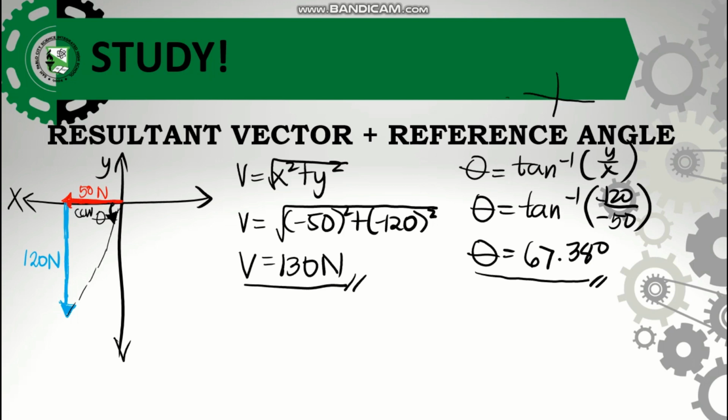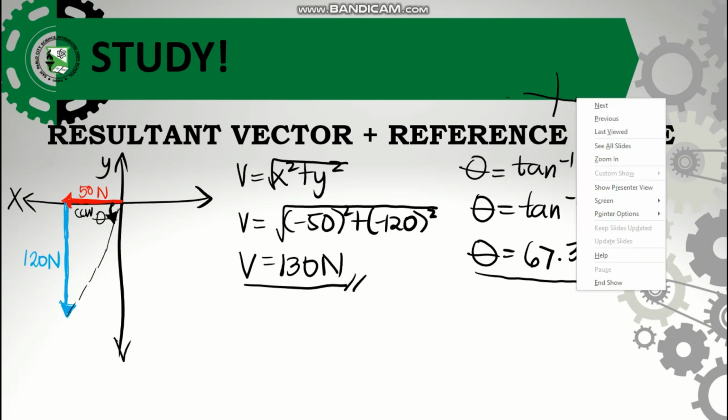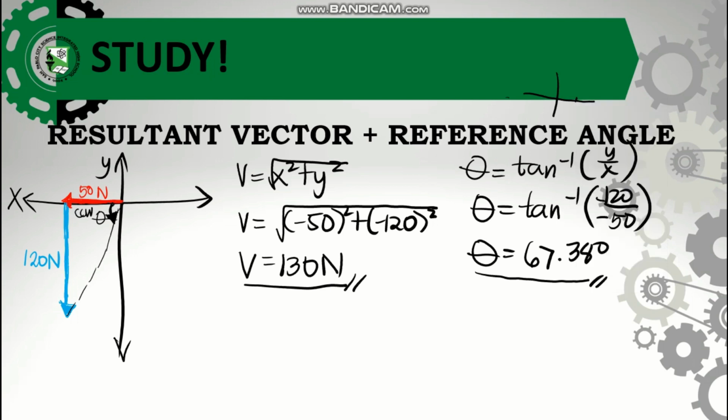That's why positive siya. Since yung pinakamalapit kasi na axis, which is the negative x-axis, ang kanyang kinonsider na pagme-measurean ng angle niya. That's why naging 67.38. Now, question, paano daw po kaya kapag reference angle na yung hinahanap?